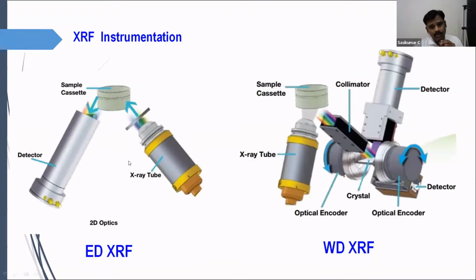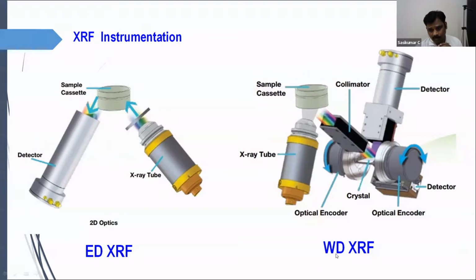If we look into the anatomy of ED XRF or WD XRF, the X-ray tube will be there. You need X-ray generation, which is made to fall on your specimen or sample. The X-ray emitted by your sample will be analyzed using a detector.